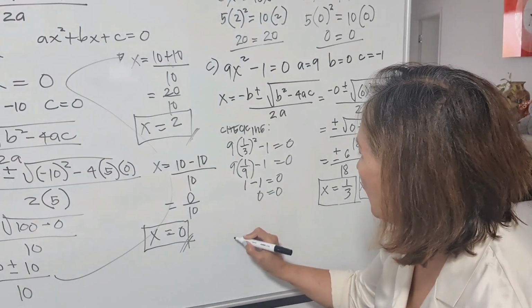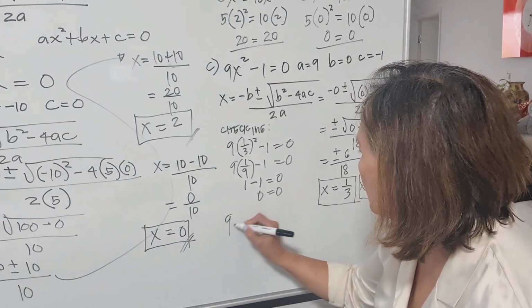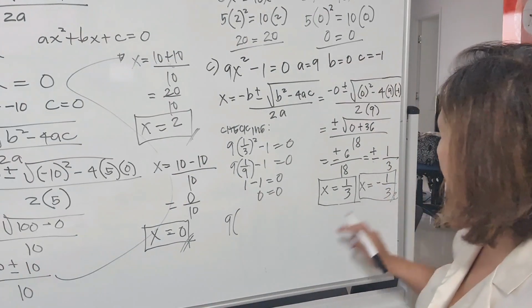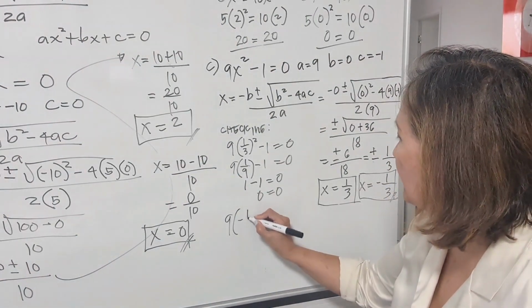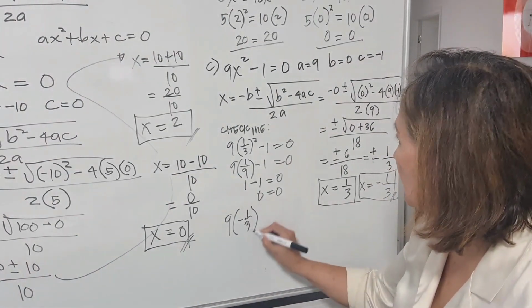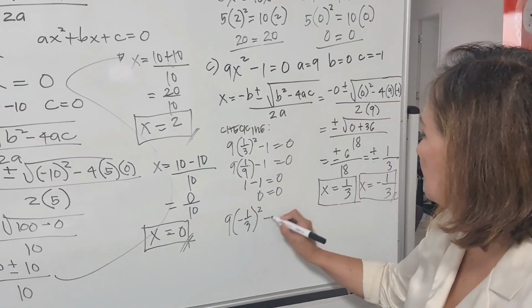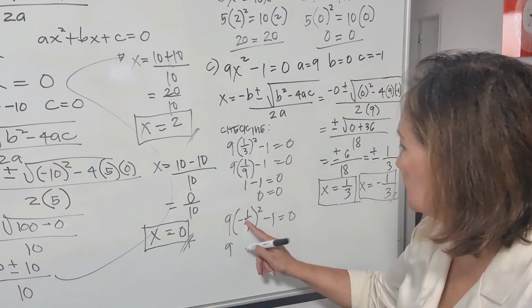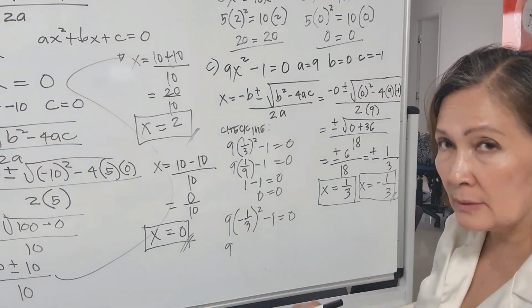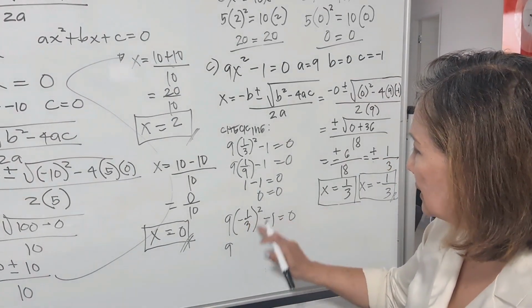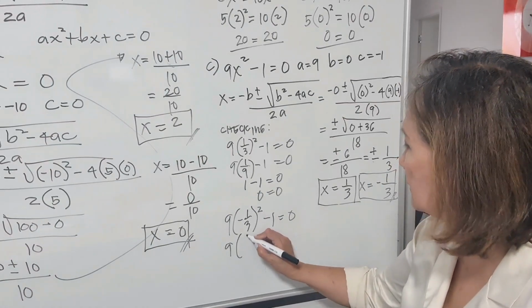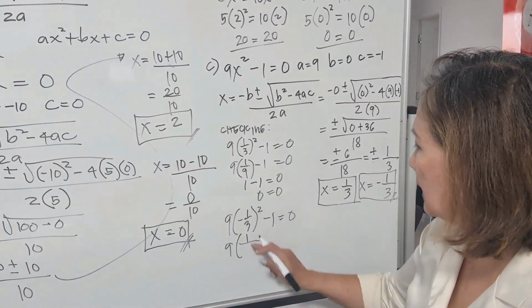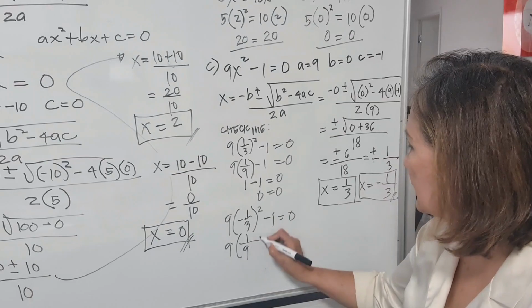Next, we check using the value of x as negative 1/3. Again, we square that. Minus 1 equals 0. 9 times the square of a negative number is always positive. Therefore, this became 1 over 9.